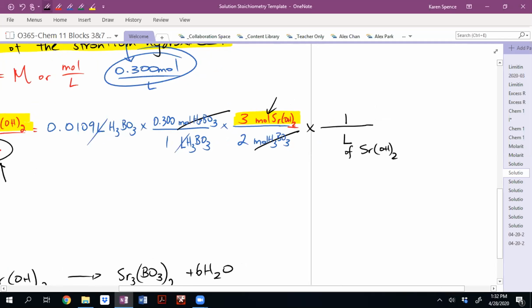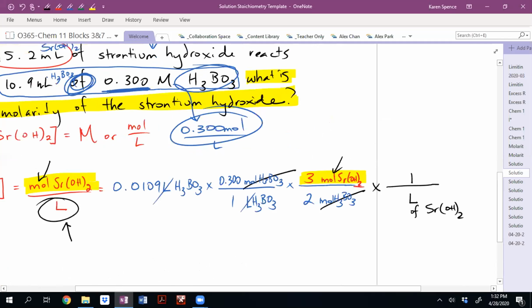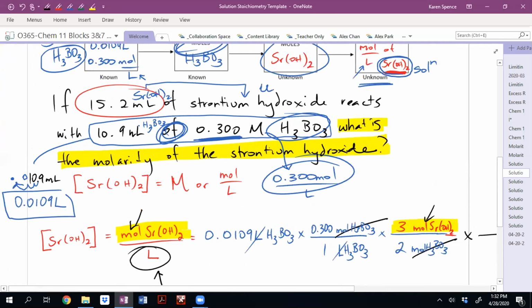Let's go back to our question and see if we can find the liters of Sr(OH)2. Oh, we have milliliters. So if we move our decimal place 3 positions, that's going to give us 0.0152 liters of Sr(OH)2.